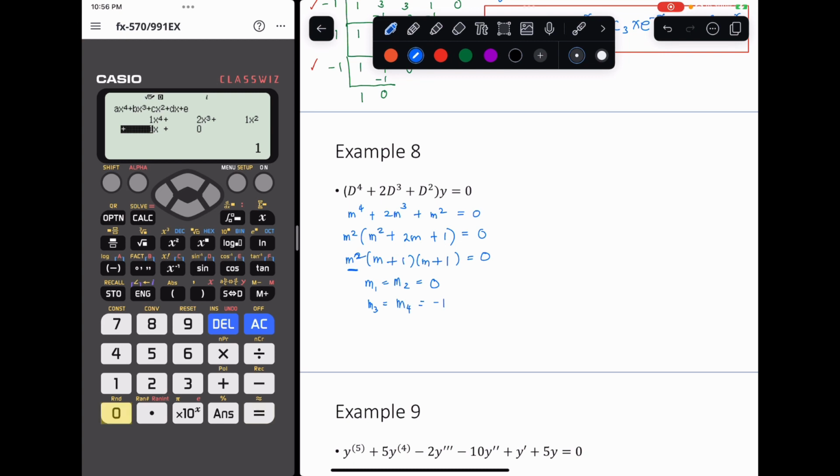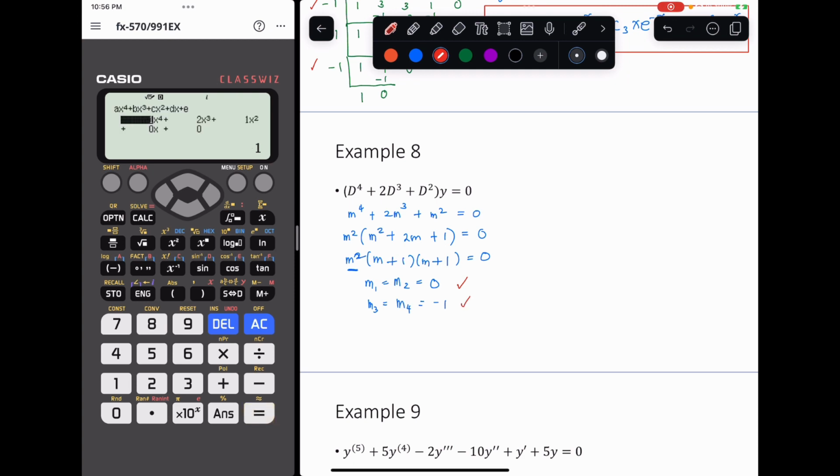And this is 0, 0 as well. So therefore, we have x1 which is 0. And x2 should be -1, and it won't show the repeat.